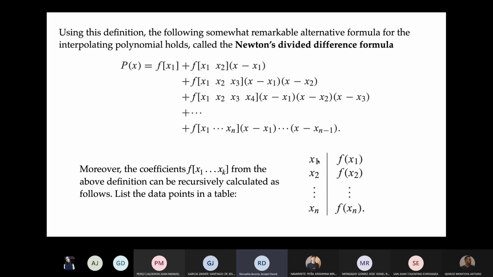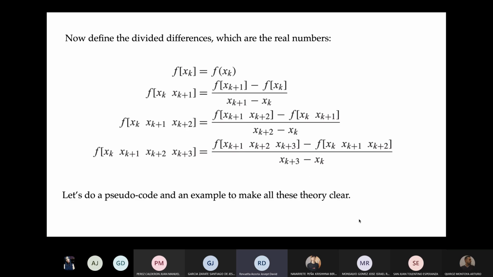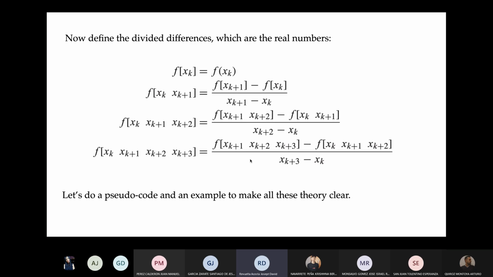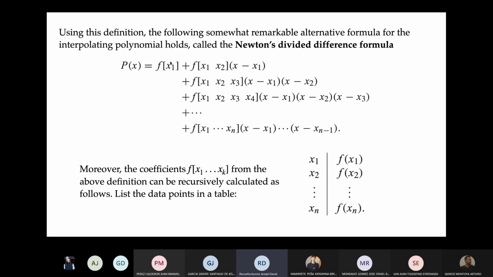Okay, so for example, we have the values, right? But it's time to apply it, because if we want to calculate these f(x) values, it's not that easy. You see that the coefficient is this one, this one, this one, and this one, right? So this is the easy part. The complicated part is actually to obtain the coefficients, right?